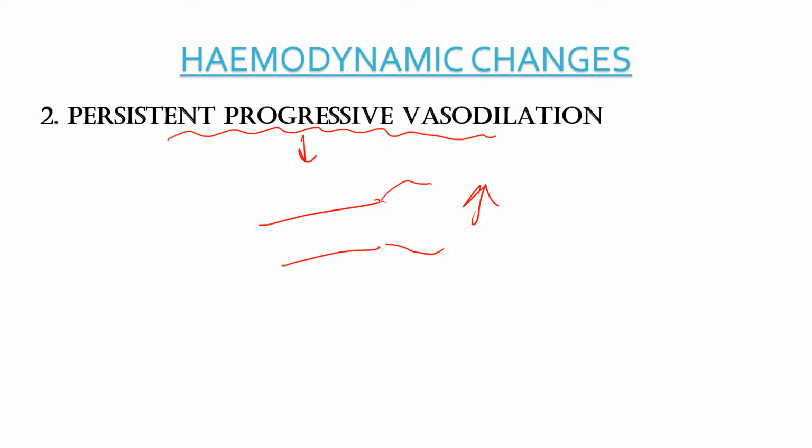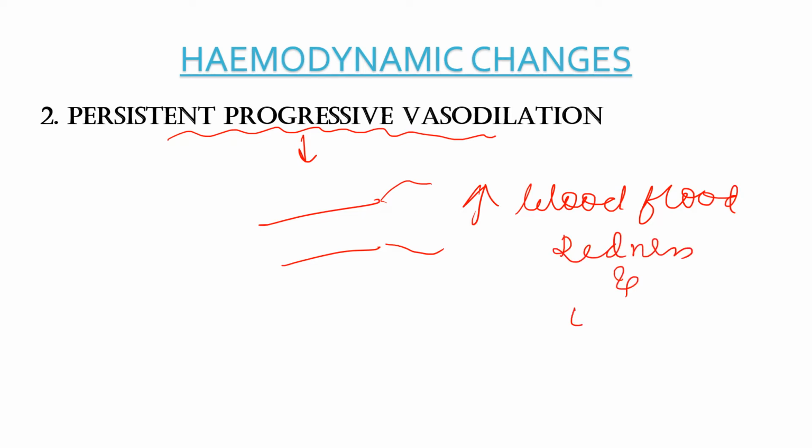Therefore, there will be an increase of blood flow that will cause redness and warmth that we have seen earlier in the cardinal signs. Redness means rubor, and warmth or heat means calor.